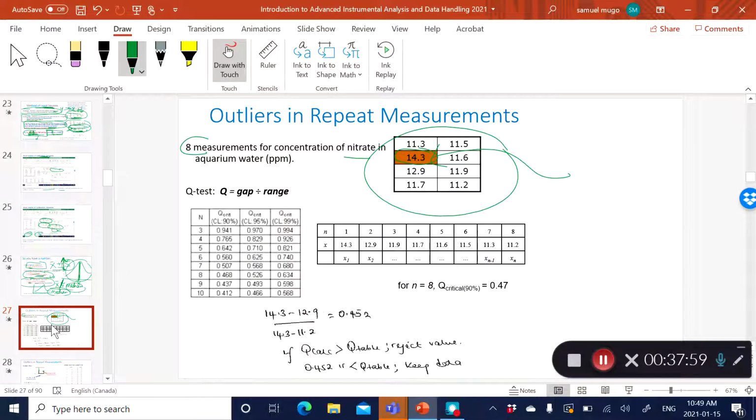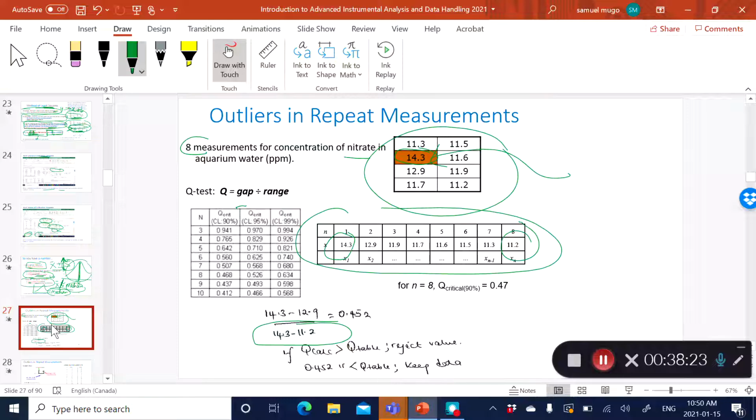And so you can use a Q-test, which is a very simple relationship where you take the gap divided by the range. Now, to determine the range, you need to organize your data in increasing or decreasing order, so that you can take the largest subtracted with the smallest, and that gives you the range.